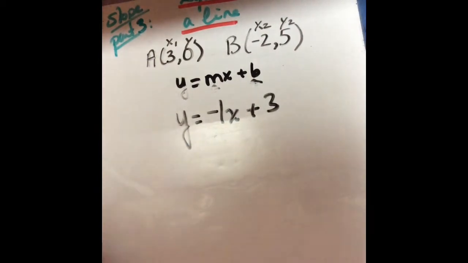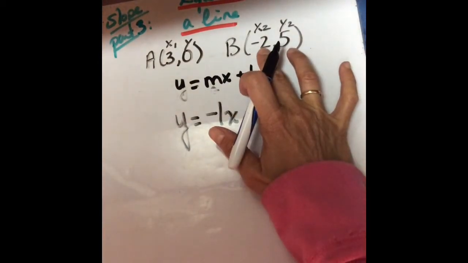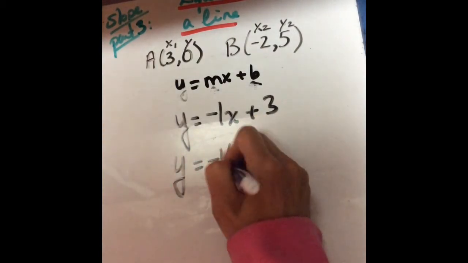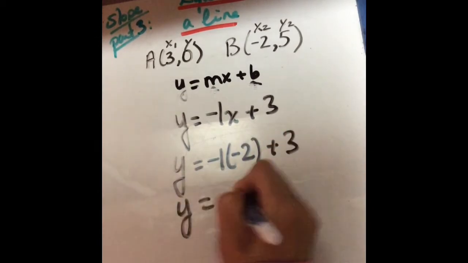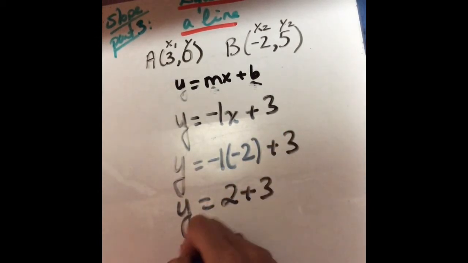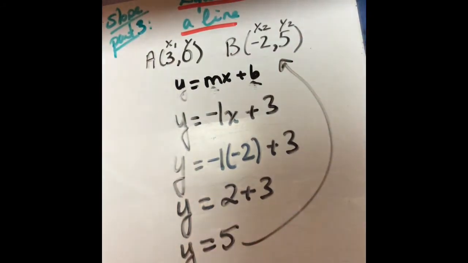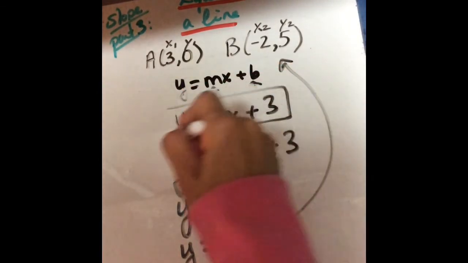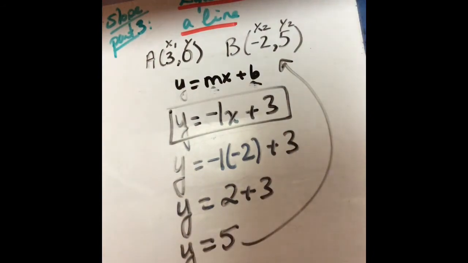And let's see if the left side and the right side match up once we plug this in. So if I plug in the negative 2, y is equal to negative 1 times negative 2 plus 3. y is then equal to 2 plus 3. y is equal to 5, and that matches. So we have done a good job, and we found the equation of the line that goes through the points 3, 0 and negative 2, 5.